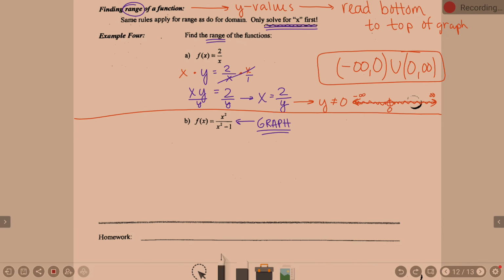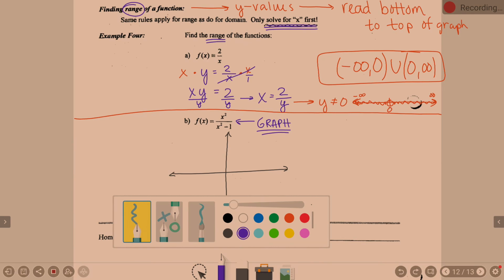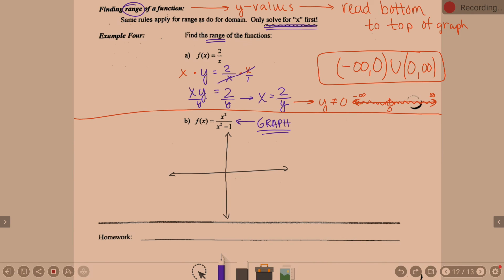We have it on our calculator, and our calculator is what we need to go off of. I'm sketching it on the screen because I need to be able to point and draw on something. Does that make sense? Okay, so let's see. We have this parabola-looking dude.